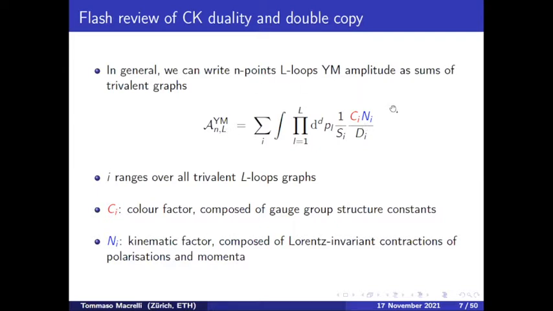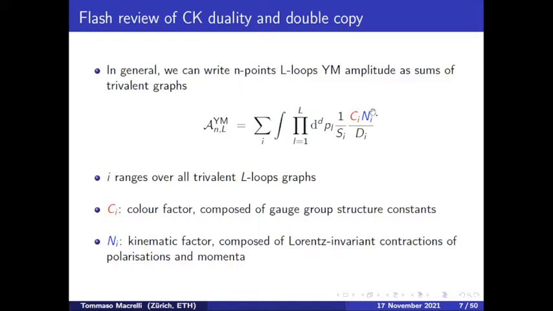And in this formula, we have here some symmetry factor. We are integrating over the internal momenta circulating in the loops. We have denominators coming from propagators. And the most important part of the integrand for our aims is the numerator.